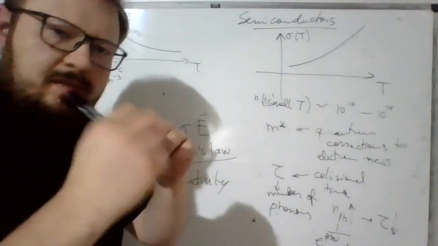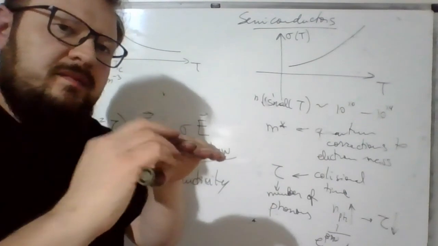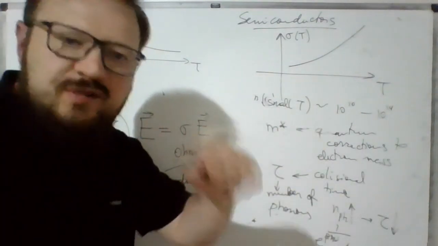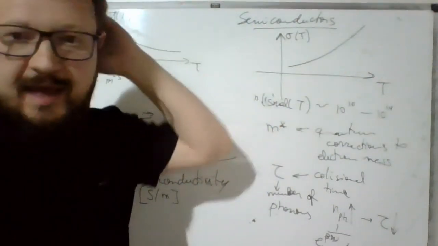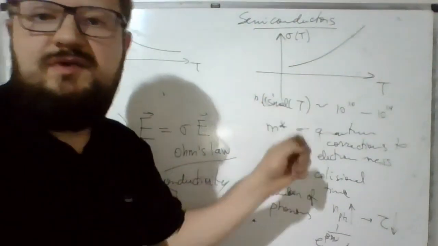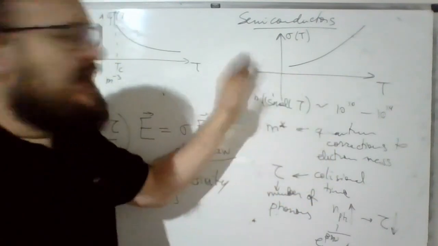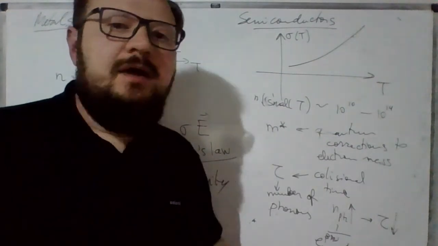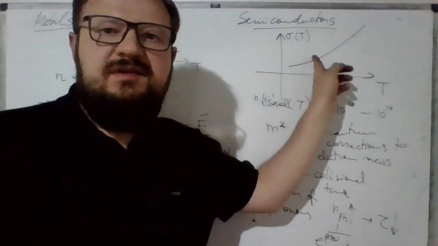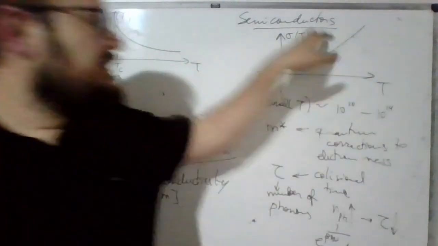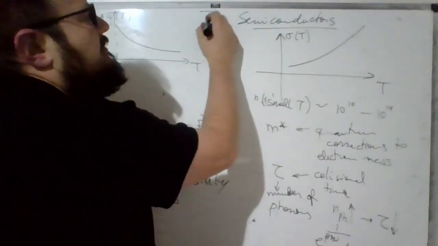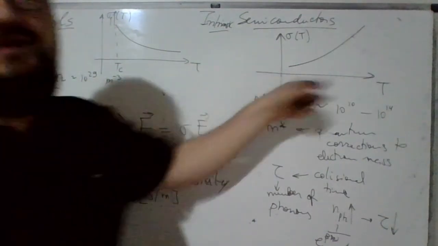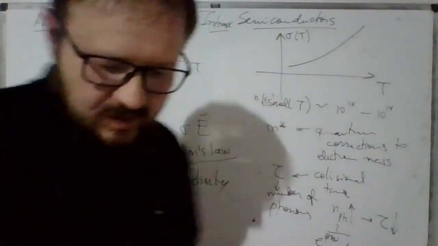You can move electrons across an energy gap from one energy band to the next one, and this is promoted by temperature. And temperature has a good action on the conductivity of semiconductors. So for intrinsic semiconductors, conductivity is increasing, okay?